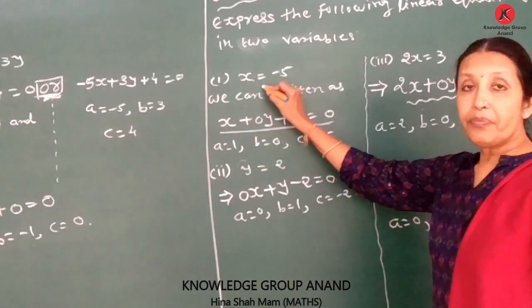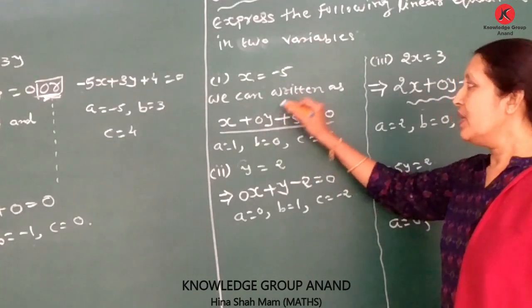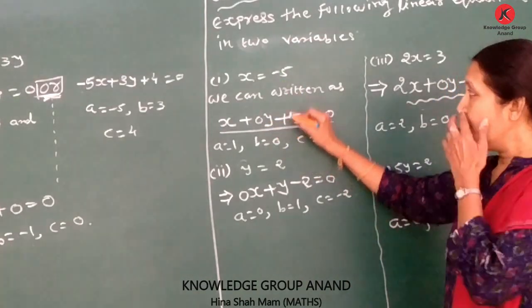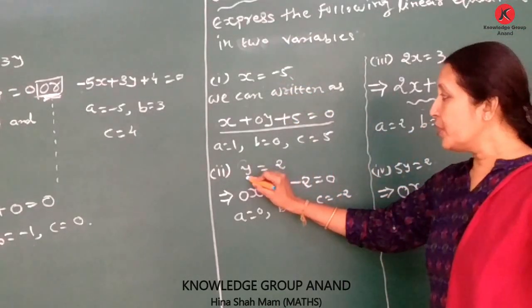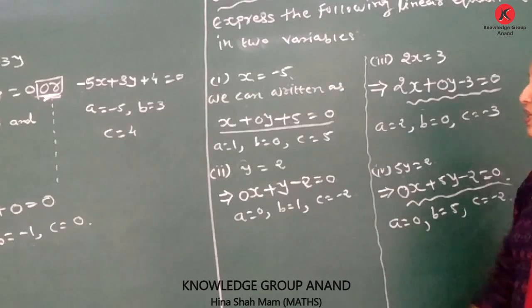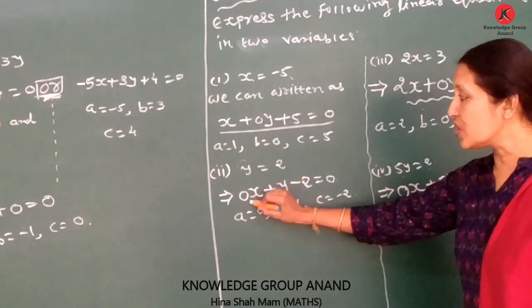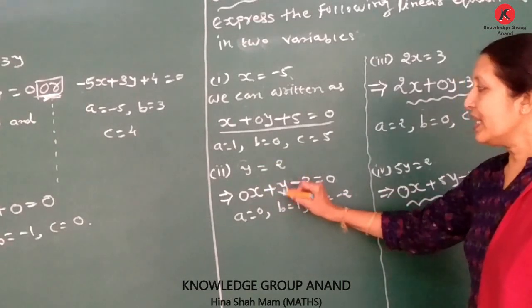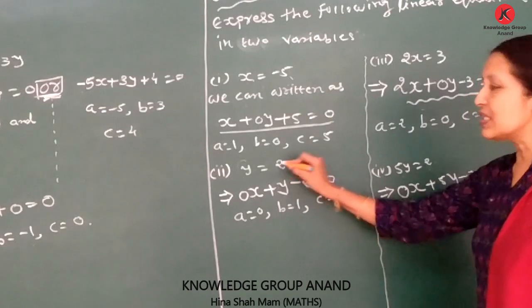Y does not exist, therefore we write 0y. Its value is 0. x plus 0y plus 5 is equal to 0. Number 2, y is equal to 2. Therefore, the x term does not exist, therefore we write 0x plus y. Its value is 0. y minus 2 is equal to 0. Therefore, y is equal to 2.